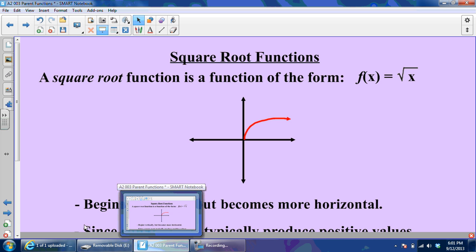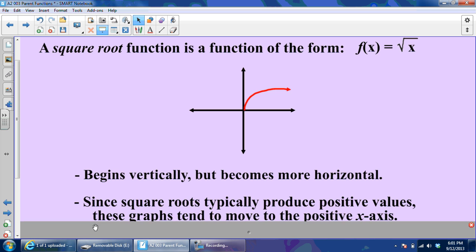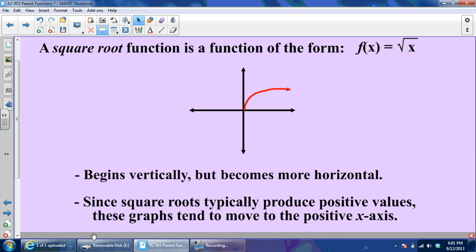Now this one is very similar to the exponential as far as its shape is concerned. But you can see this one takes off from the origin and heads more vertical and then levels out and becomes more horizontal. So this one has more emphasis on the dependent axis and then becomes more independent as it moves. So it begins vertically but becomes more horizontal.